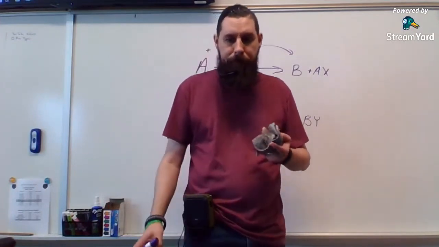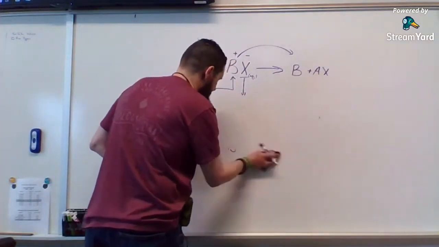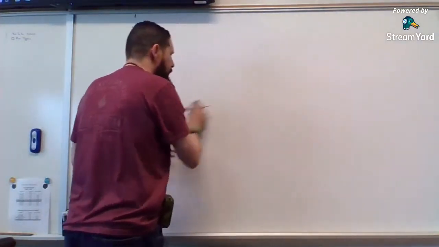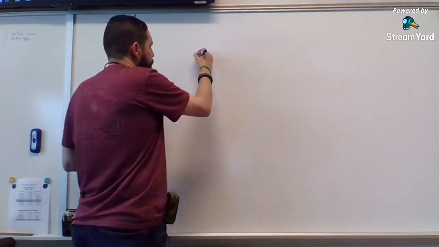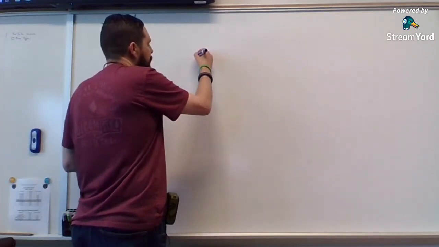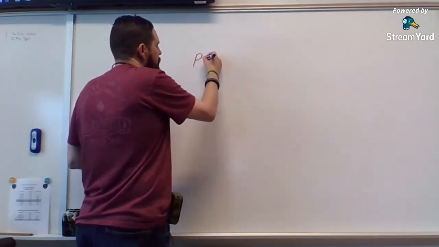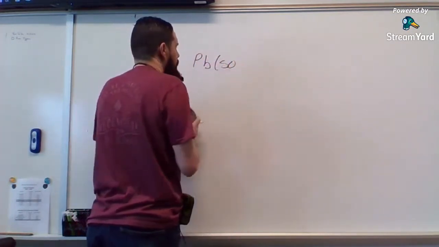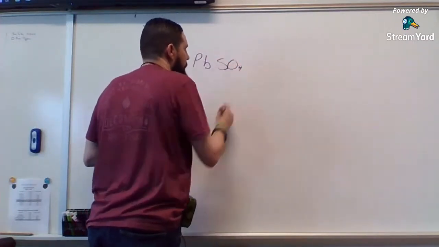Okay. So for single displacement reactions, clear this board. If I have a reaction, for example, where I am taking, let's do lead sulfate, so PbSO4, coming up with these off the top of my head.